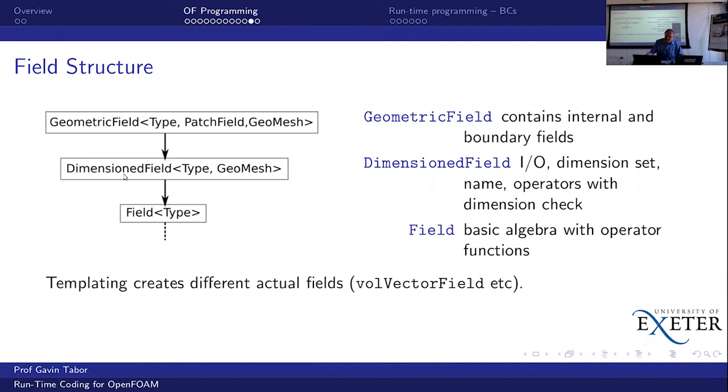Derived from that is a dimensioned field, and that adds the concept of dimension checking to all of these operations. And then finally, geometric field, which is vol scalar field and so forth. That provides us with the internal and boundary fields.